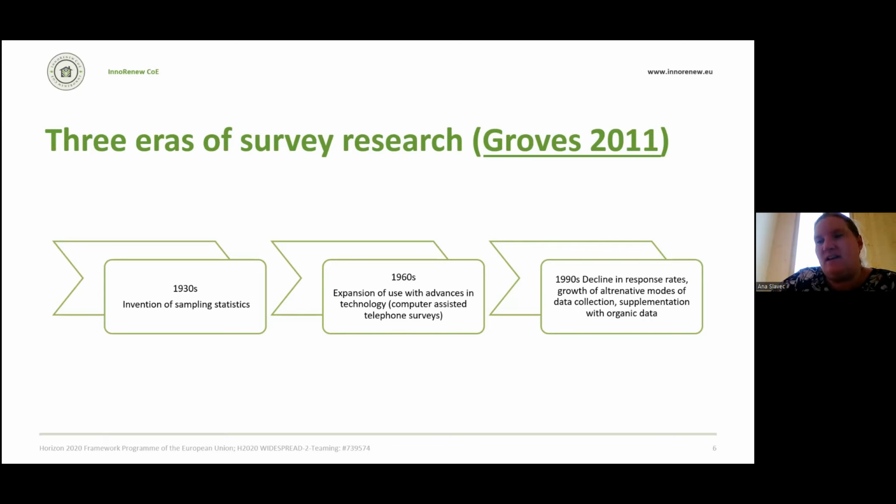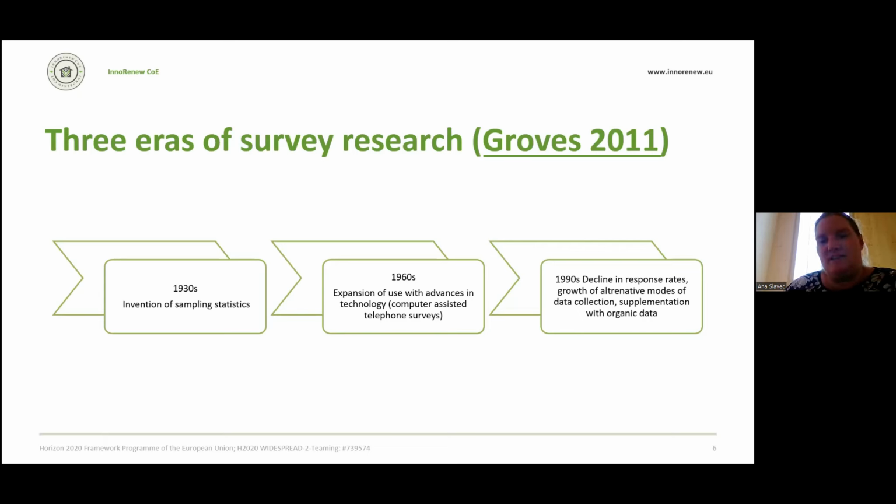In marketing research, they're happy with as little as, I don't know, around 15%. So the response rates are really low. And another thing that is new is that there is a lot of combining of survey data with other sources of data. There are even people who are saying we will not need any surveying anymore because we have all this other information about society that we can use.